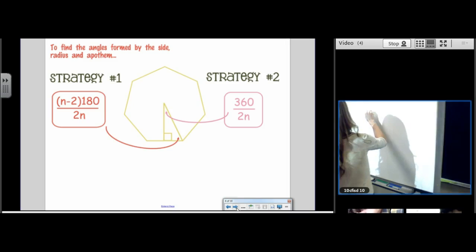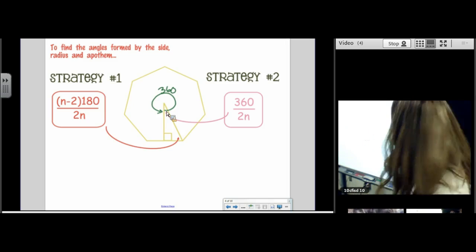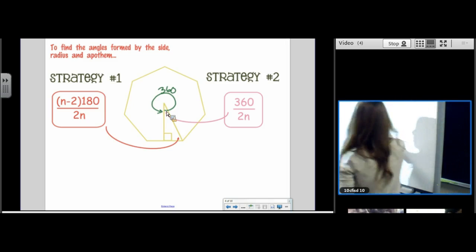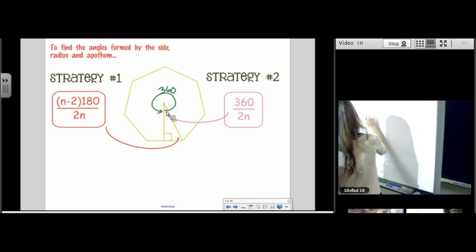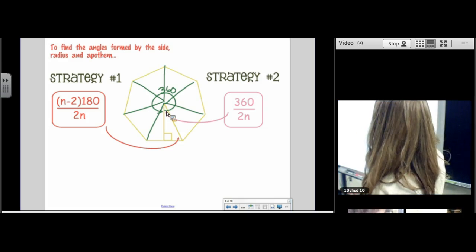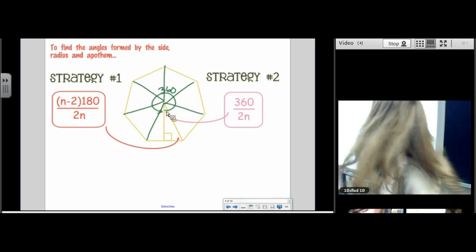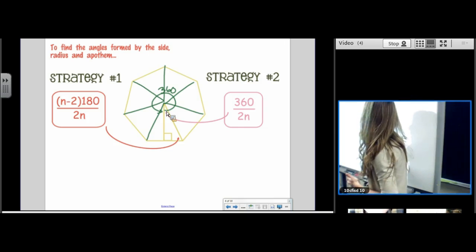If you travel in a full circle, you travel 360 degrees. Now think about if I were to draw triangles all over this, right? I would have, what is this? 1, 2, 3, 7. I would have 7 triangles. And then I would need to cut it in half.